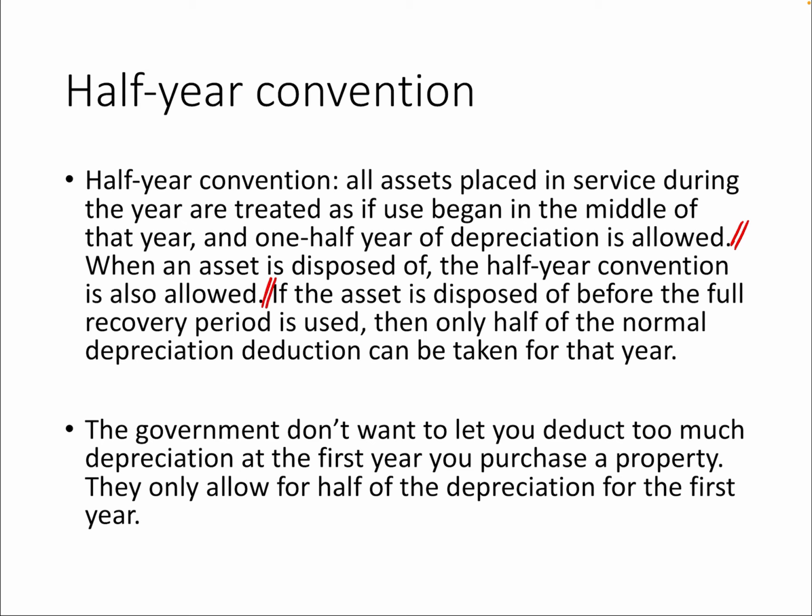And if the asset is disposed of before the full recovery period is used, for example, your recovery period is 5 years, but you dispose of it, meaning you sell it to the second-hand market and get rid of it, in, say, the 4th year, then only half of the normal depreciation deduction can be taken for the 4th year.